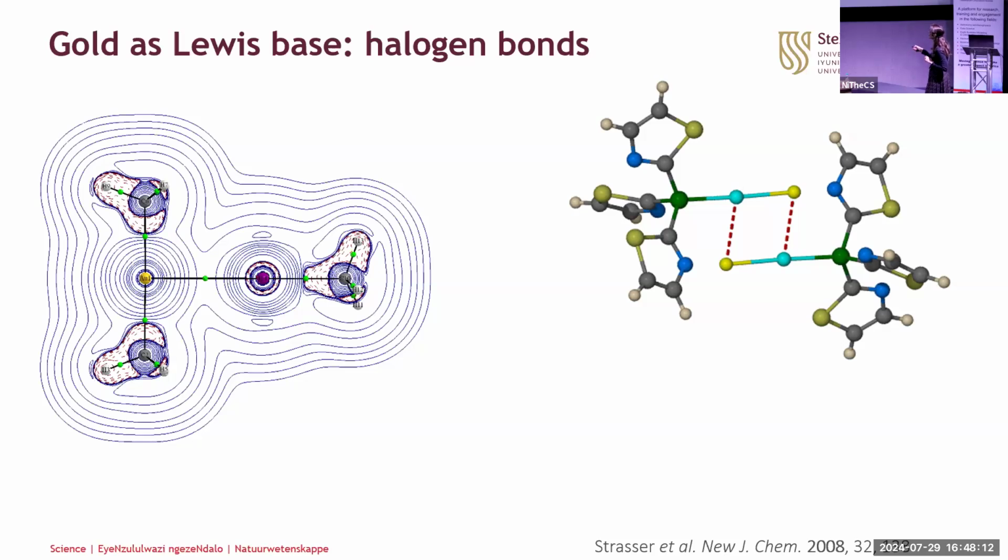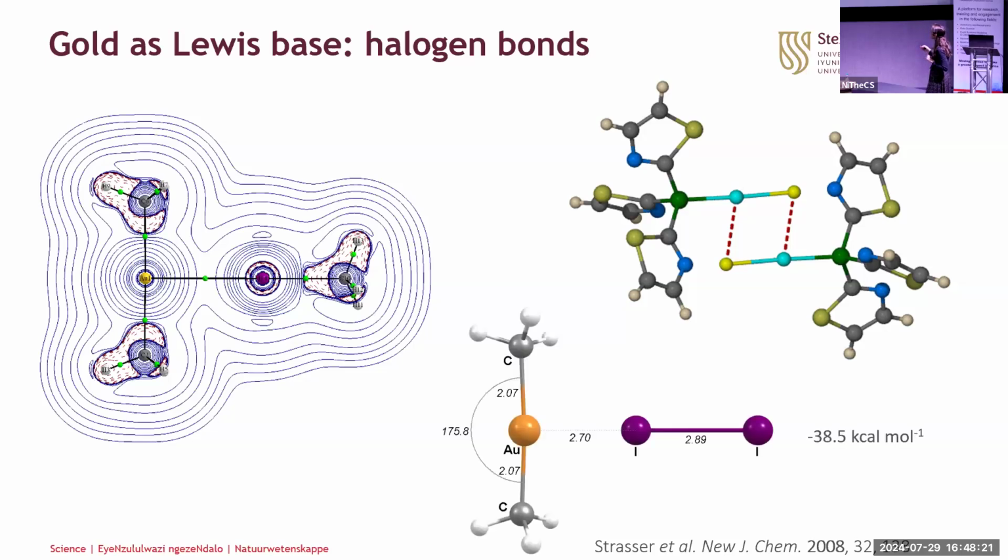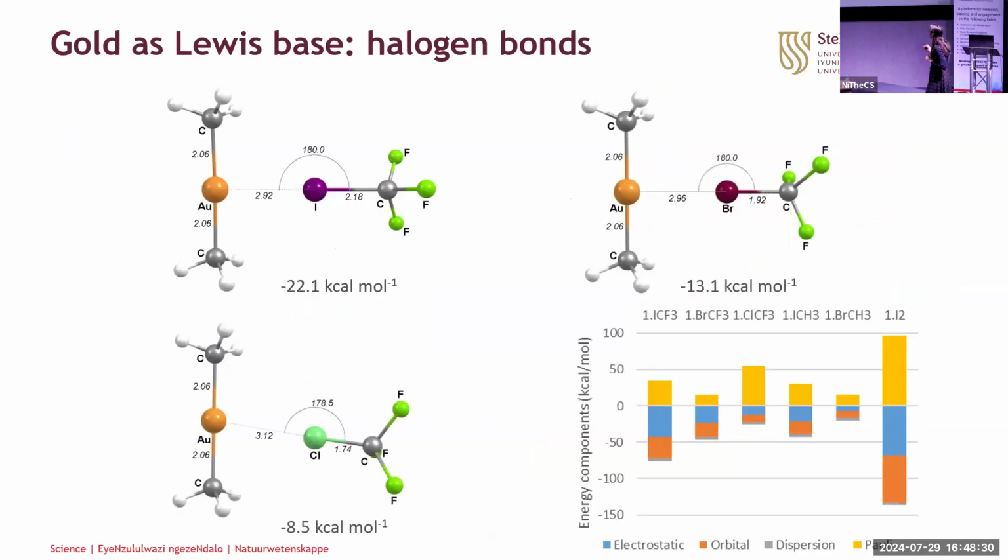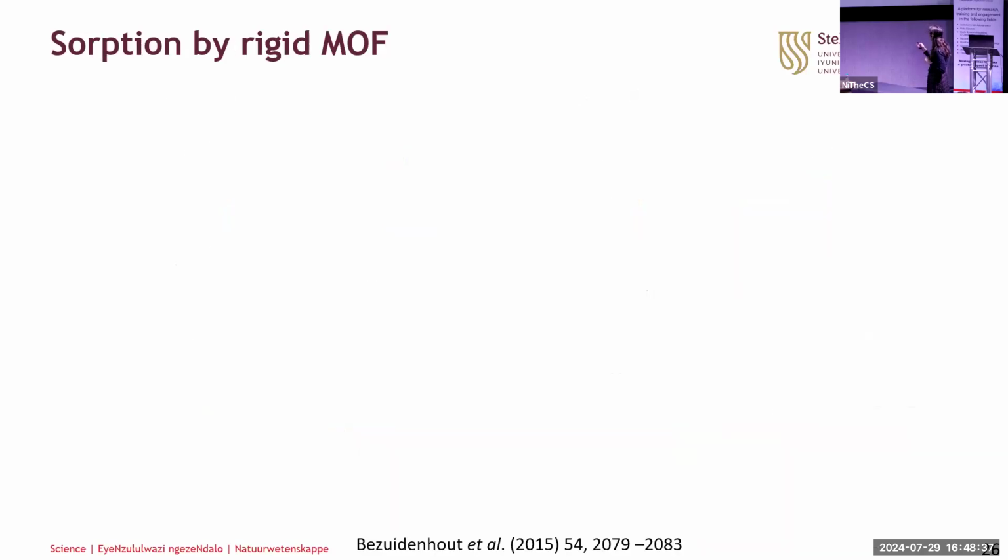The fact that it's linear means that the interaction is happening with that positive part of the halogen, and we can work out with complexes what the strength of that interaction is. And again, people are now using this to look at catalysis with iodine. So I am going to skip this last section because I don't have enough time.